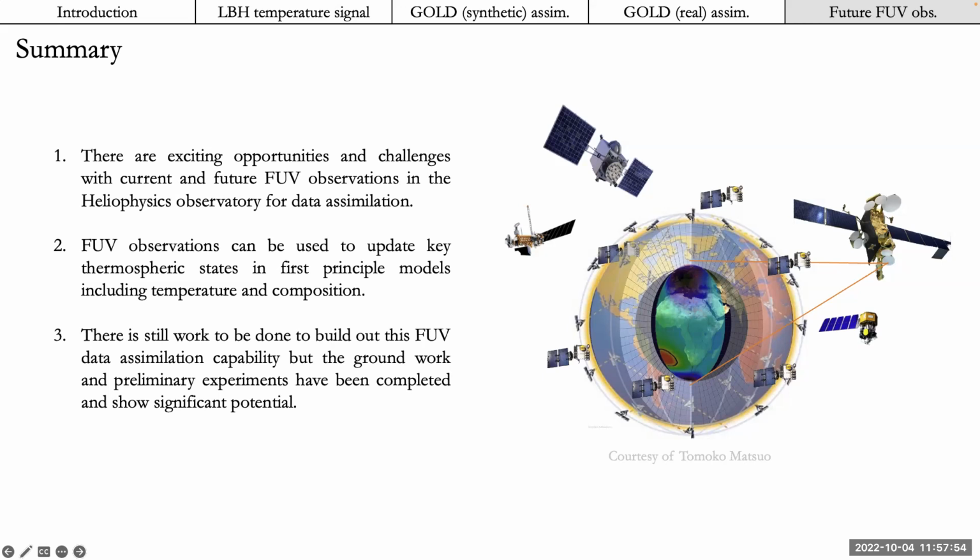And Nick? Hey Clayton, nice talk. I was wondering if you would see different filter performance or update performance at a 0 zenith angle versus on the limb where you have a higher zenith angle, or if there are too many other things complicating it to really attribute it to that, or if it's just an important consideration. It's definitely an important consideration. I can't speak quantitatively to that right now. But one thing that is going to be important going forward, especially with GOLD, is how the horizontal localization is performed, which is going to impact the filter performance, whether you're close to the center of the disk or on the limb.